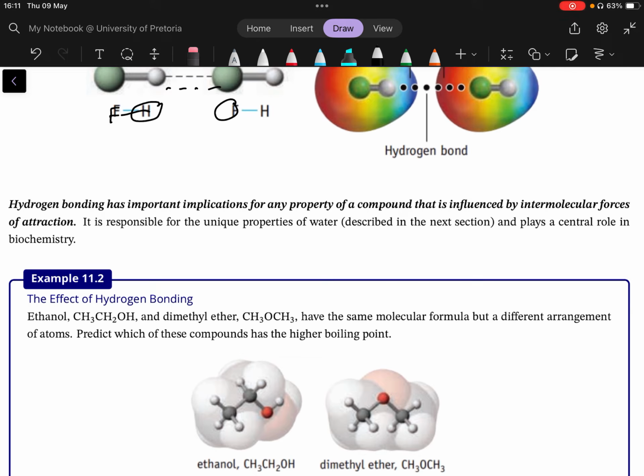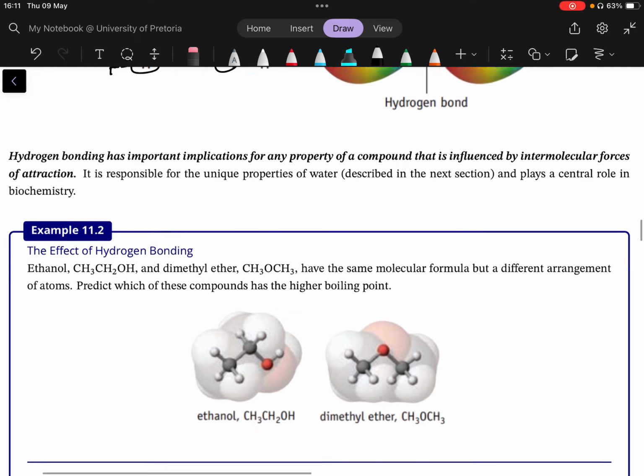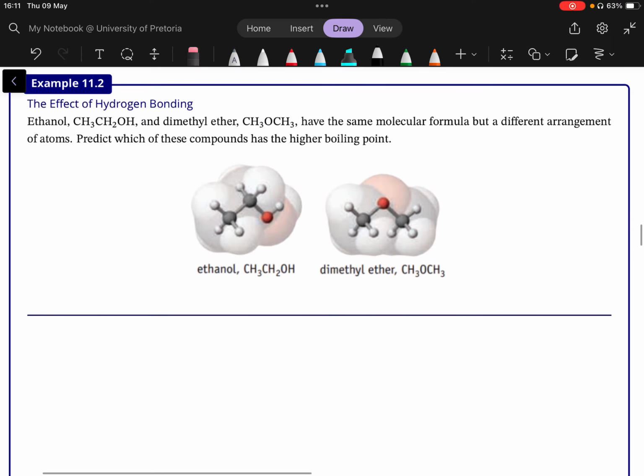For example, it's responsible for the unique properties of water. Water is a fascinating species because, because of its hydrogen bonding network, it behaves completely out of place for something of its small molar mass. But I've written a little section for you, which you can go read and delve into.